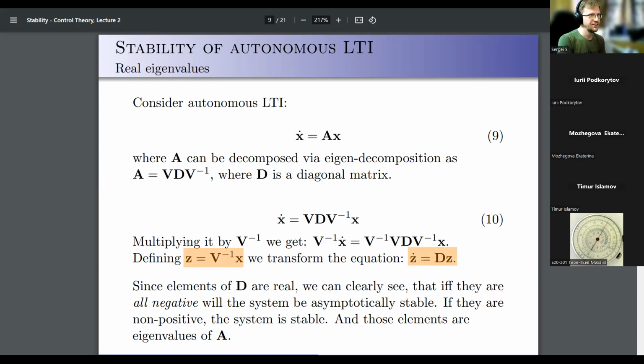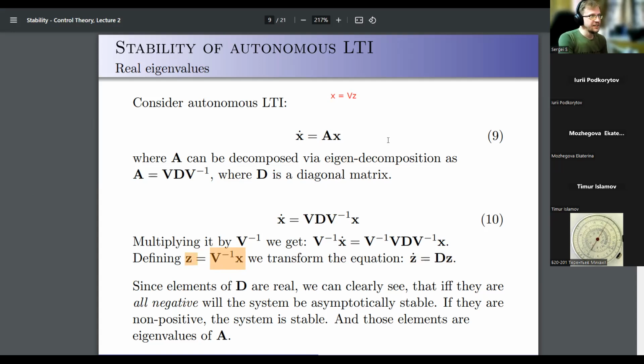Now, the better question, the second part of the question that is interesting and that I didn't address, is, if Z is stable, can we say the same about X? That's a very good question. And indeed, it is possible. Why? Well, Z is related to X through this equation. That means, if we multiply both sides by V on the right, X is equal to VZ, right?